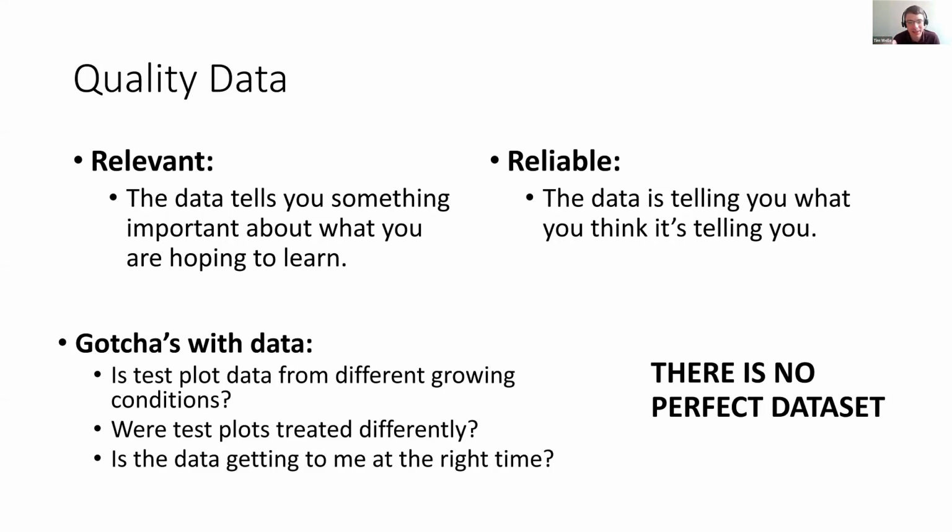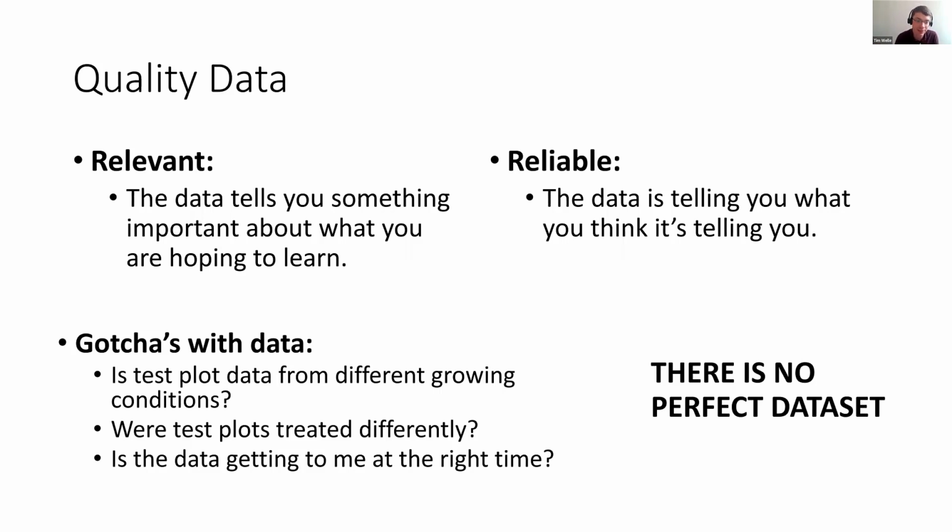So some of the gotchas where maybe the data is either not relevant or not reliable, one or the other, could be if perhaps some test plot data was grown in a completely different growing condition. Maybe it was grown a state over, maybe it was grown in different soil types. Second point, maybe those test plots that are meant to inform you on what varieties, products to use, were treated differently.